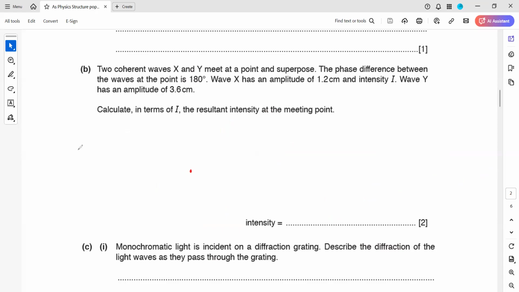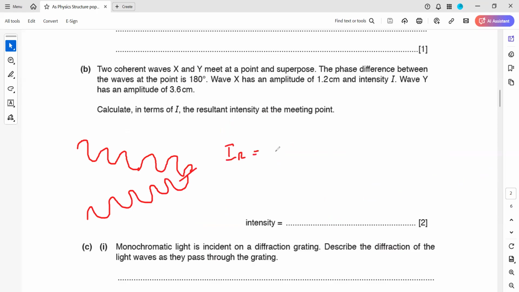Should I repeat? So when the two waves meet at these points, they are 180 out of phase. So when they are 180 out of phase, to get the resultant intensity it will be the difference of the two. Because Y has a greater intensity, that's why we did Y minus X.